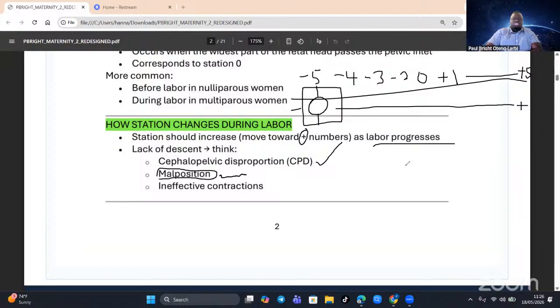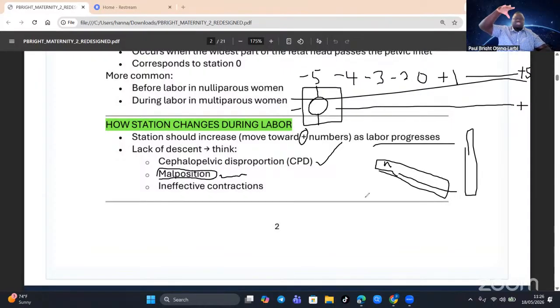So this is a patient lying by the side, instead of the lithotomy position or whatever. It can affect that. It depends. Some pregnant women will lie by the side and babies will still descend. Some won't, so try and change position, do all these maneuvers, to see if the head will descend.